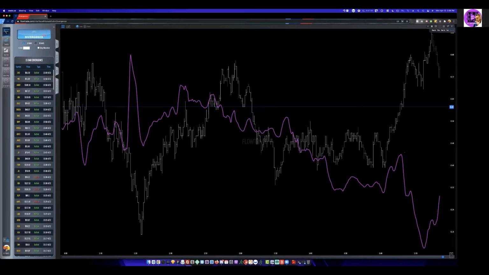So we had divergence here that has to play out. The algo was selling while price action was increasing. We're going to be looking for this level here for price action to meet the algo again and complete the divergence.